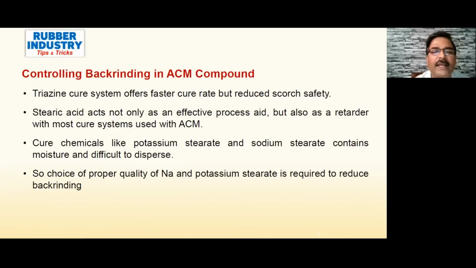Cure chemicals like potassium stearate and sodium stearate contain moisture and are difficult to disperse. Some amount of moisture helps in dispersion. So choice of proper quality of sodium and potassium stearate is required to reduce backrinding.